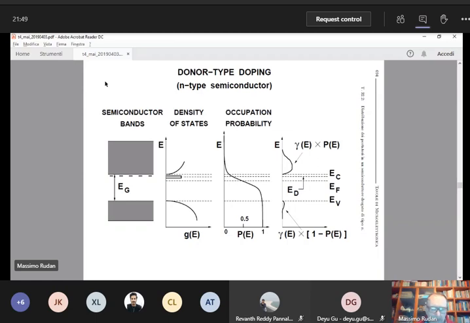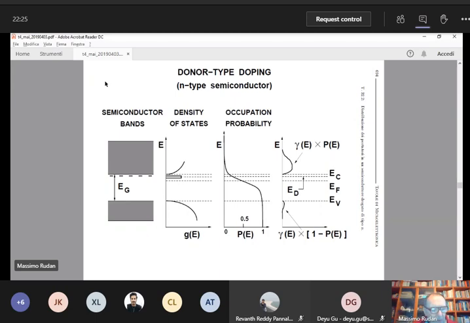What happens when you have these states? These states, of course, initially, if you think of, as we do usually, if you start from 0 Kelvin, the donor states, as you remember from the description in space, are filled because there is no energy enough for the electrons belonging to the phosphorus atoms to leave, to abandon the phosphorus atoms and leave them ionized. Okay, so there is not enough energy.